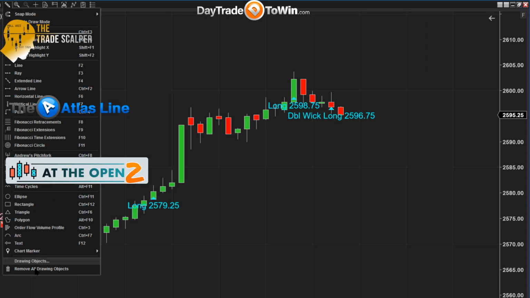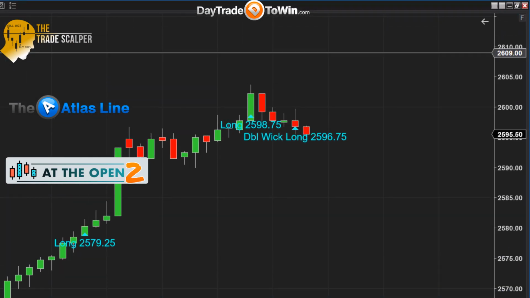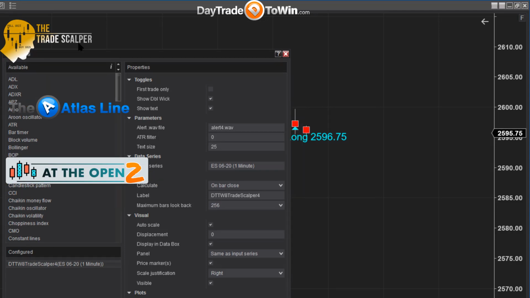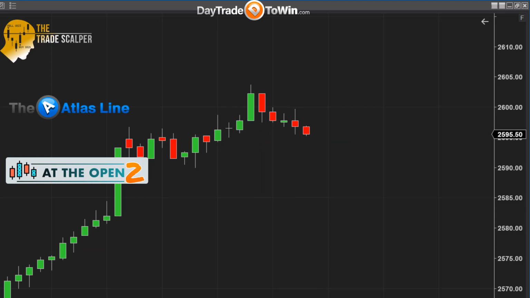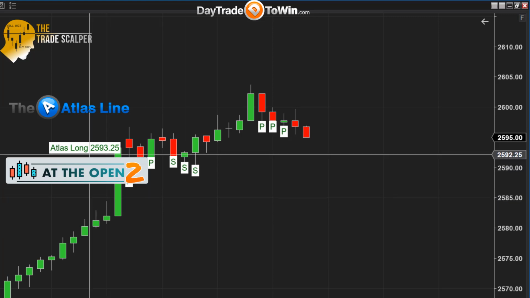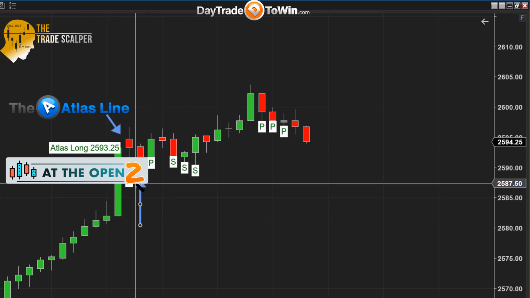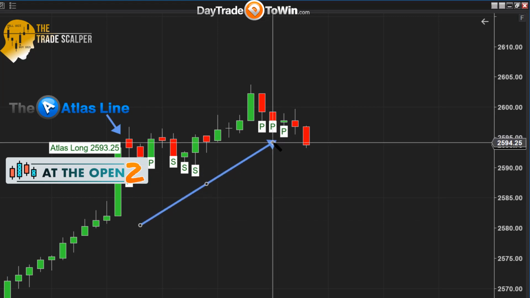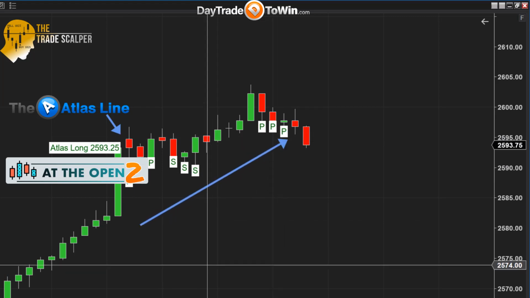So if I remove this here, this is the Atlas line down here, and it's giving long trades. It's telling you this is an Atlas line long, this is a pullback trade, this is a strength trade, and this is a pullback trade which failed right here. This pullback trade is a losing trade.